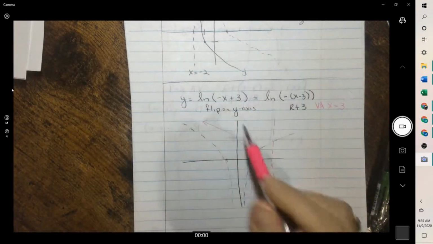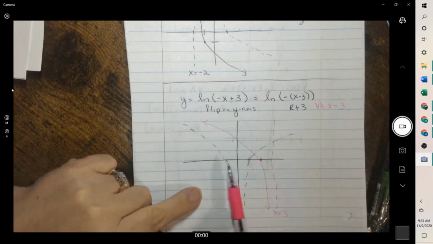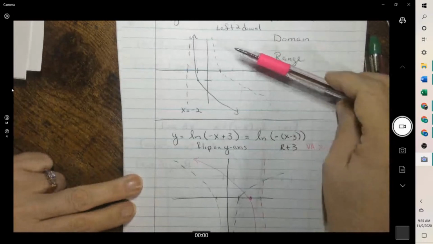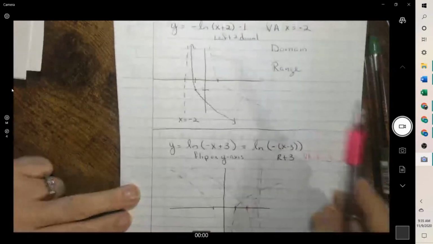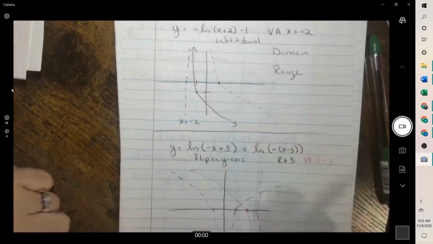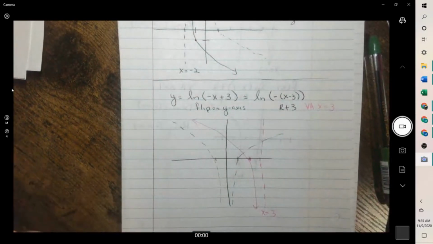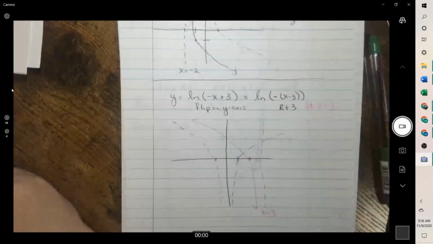So a negative on the inside flips it this way. Here it flips this way when it's out front. Any questions on that?